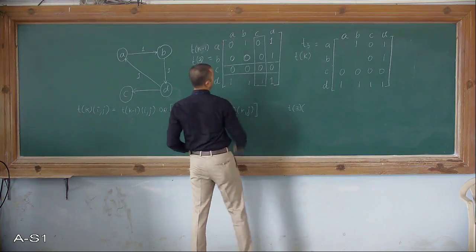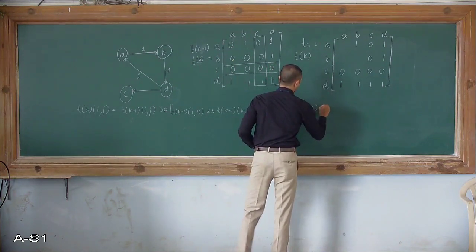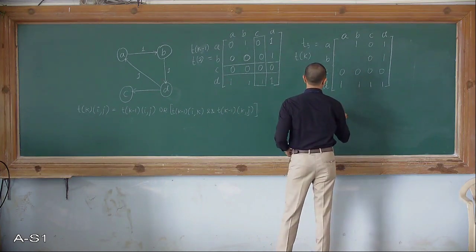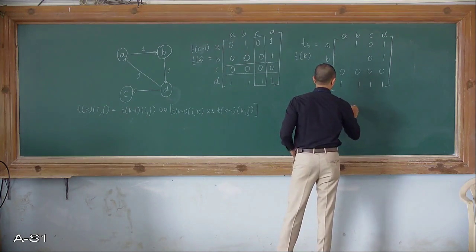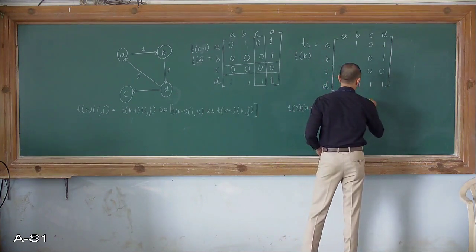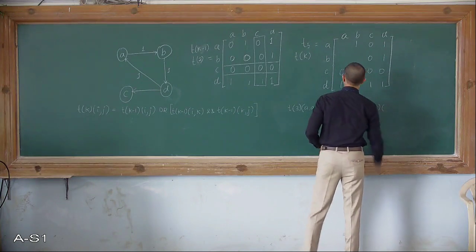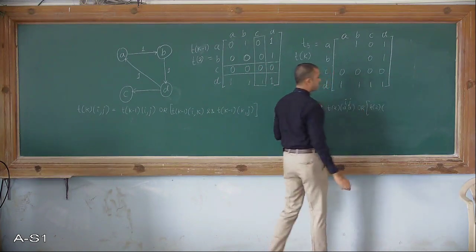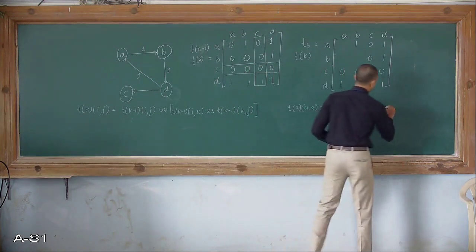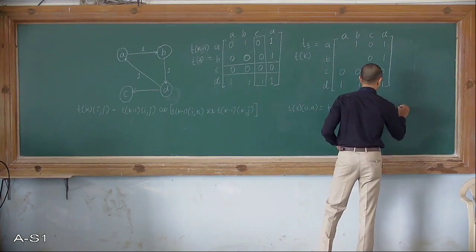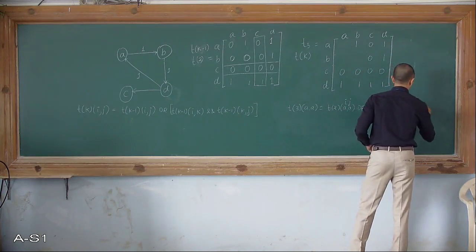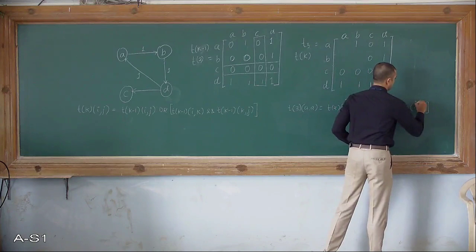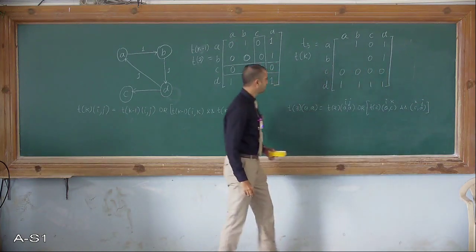A to A. So T of 2, A to A. The intermediate vertex now is C. So if this is I and J, my K is going to be C. So A to K, it is A to C, and K to J, C to A. This is I, this is K, and this is J. Alright.